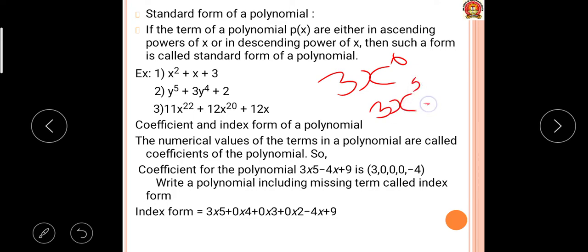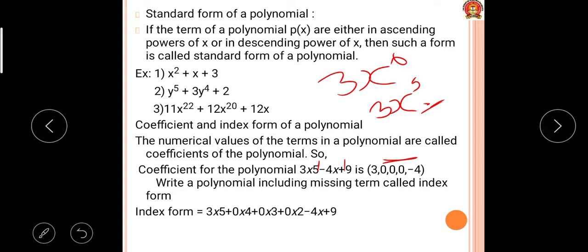After that minus, there is no term in between degree 1 and degree 5. So how many zeros do we have to write? Because the other terms are 0. So in the coefficient form, it is compulsory to mention 0, 0, 0. So the first, highest degree is 5 whose coefficient is 3, comma. A comma is compulsory to write between two coefficients.